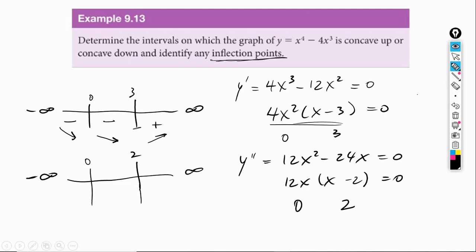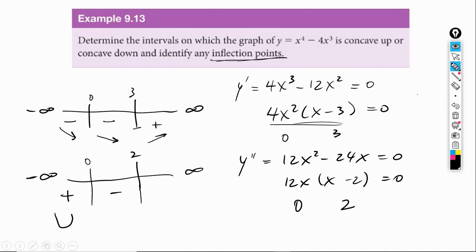Okay, so what happens if we plug in a negative value or anything lower than 0 into the second derivative? Let's say -2. This is going to be positive before 0. So if you get a positive value from the second derivative, that means the concavity is upward. At 0, there's an inflection point, but what happens between 0 and 2? Say with x equals 1, you're going to get a negative.